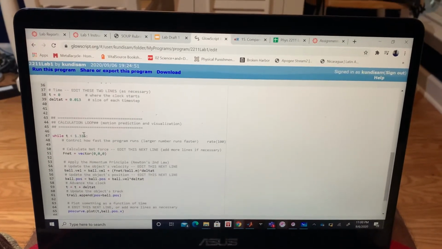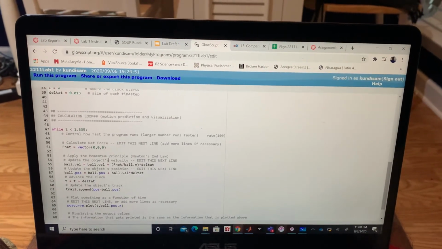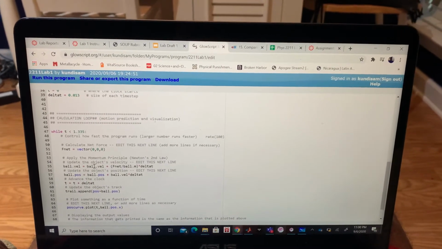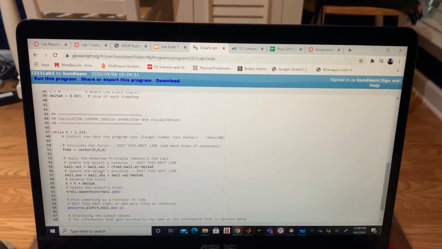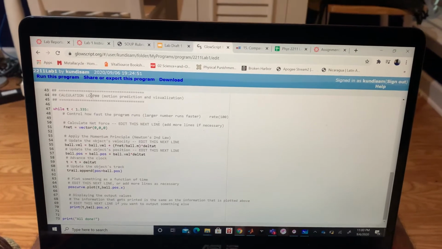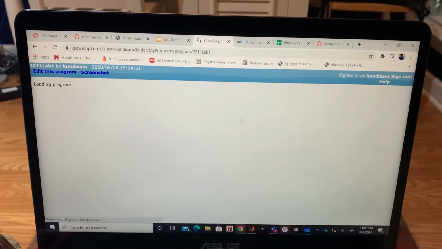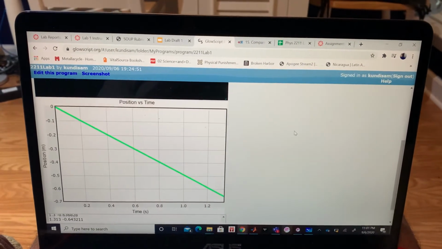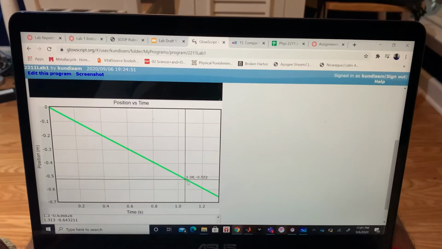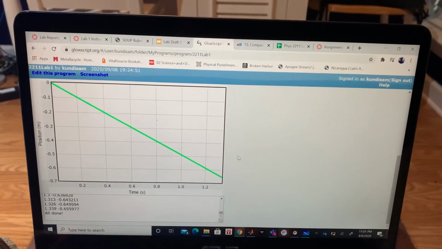I was able to change the ball's loop to run while less than the final time, set the zero vector, and add F net over the mass of the ball to update and include Newton's second law, which was very vital to showcase constant velocity. When you run the program, you get a position versus time graph that shows the constant velocity of this ball through this time frame.